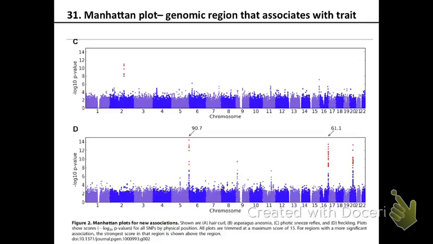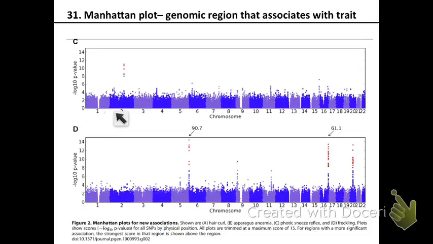The way that they plot this data is called a Manhattan plot, because it's kind of like these blocks of buildings. The Manhattan plot tries to highlight the genomic region that associates with a given trait. All right, so how does that work? Basically, on the x-axis, you have each chromosome, right?